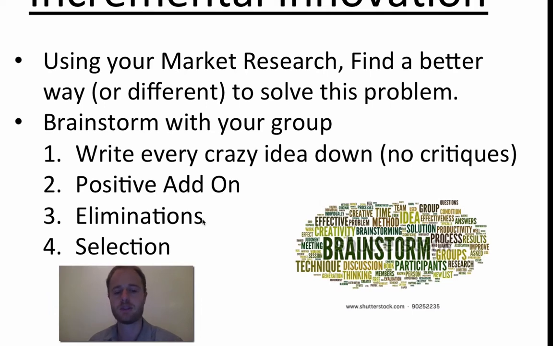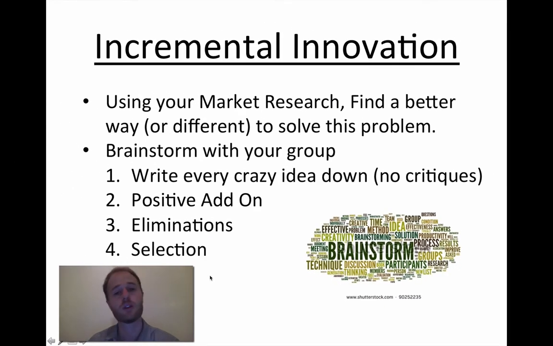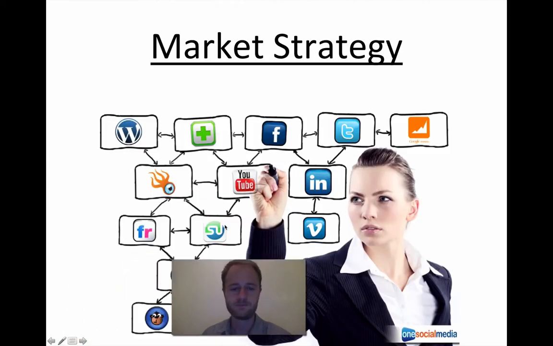Maybe some items don't serve the problem you want to solve, so you can easily cross those off. And then finally, you're going to make a selection, and you can use a decision matrix for this. I talk a little bit more about brainstorming in a separate PowerPoint, so you can look at that. But this is a good method for coming up with a better way.